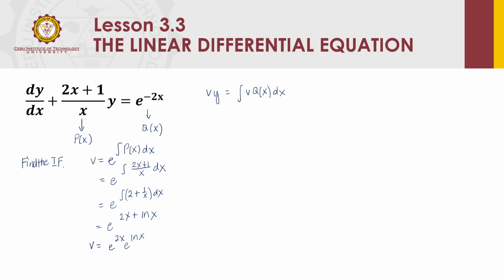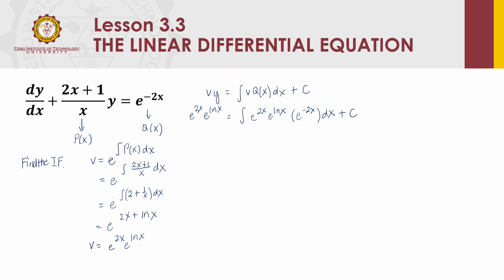Integrate it with respect to x, and then add the constant of integration. Simply plug in the value of the integrating factor, which is e to the 2x, e to the ln x, and for the right side, the integral of e to the 2x, e to the ln x times e to the negative 2x dx, and then c.